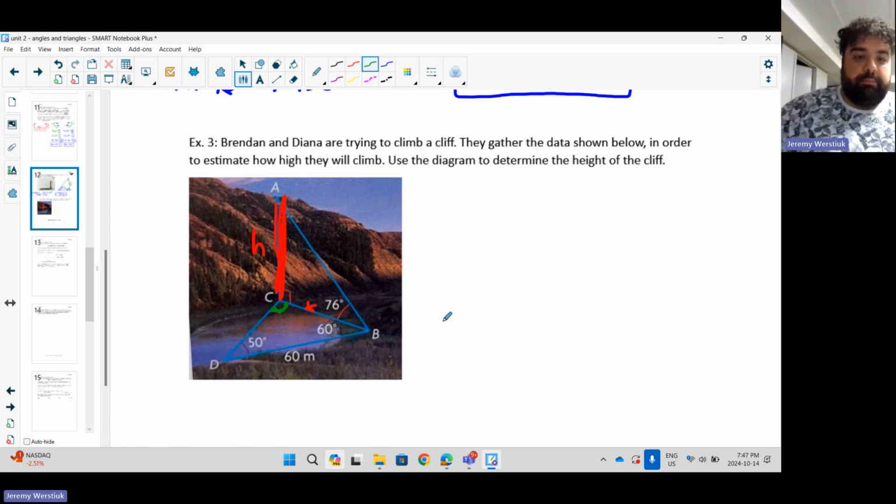Maybe it's something like 80. And I can actually find that out right now, because all three angles in a triangle need to add up to 180. So if I go 180 minus 50 minus 60, that's actually going to give me 70 degrees.